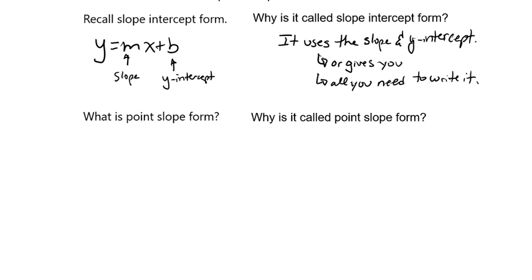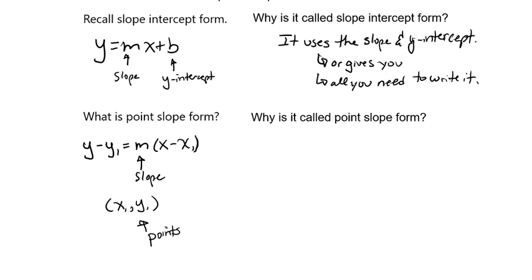So let's talk about what point-slope form is. Point-slope form means that we're going to have y minus y1 equals m times x minus x1, where m is still our slope, but x1 and y1 are points given to you.